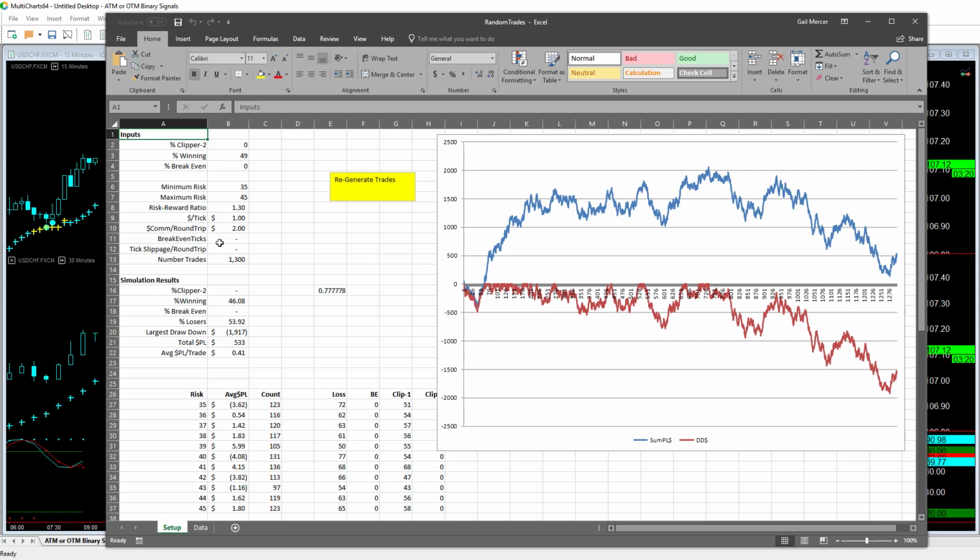So what is a 1.3 risk to reward ratio? Well, let's say that you made $50, okay, but you were only risking $35. That gives you a 1.42 risk to reward ratio. So what if I change this to, let's say, 45?